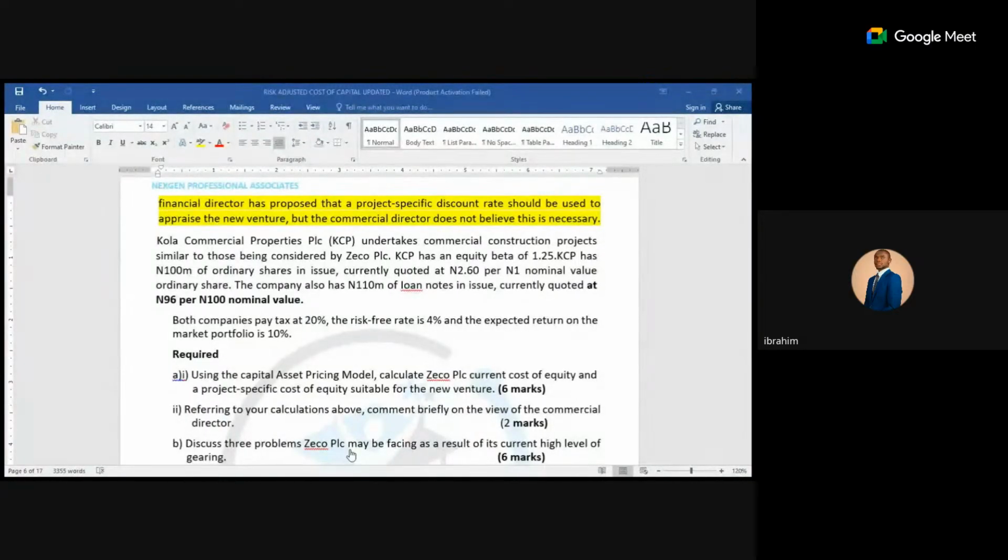However, the project-specific cost of equity is greater than the normal cost of equity, indicating that the project has already included the business risk that will affect the project. So shareholders are rest assured that what they will get is what they will get, because the risk has already been considered. Do you get?